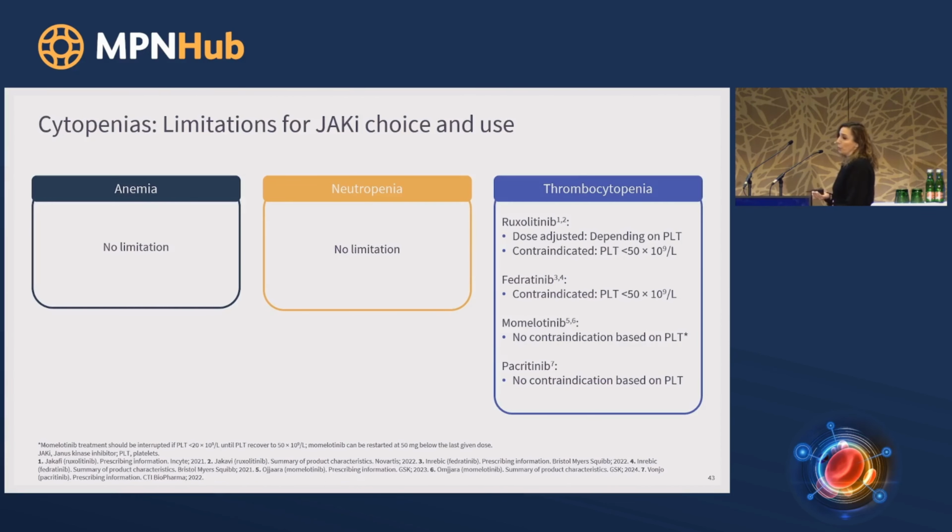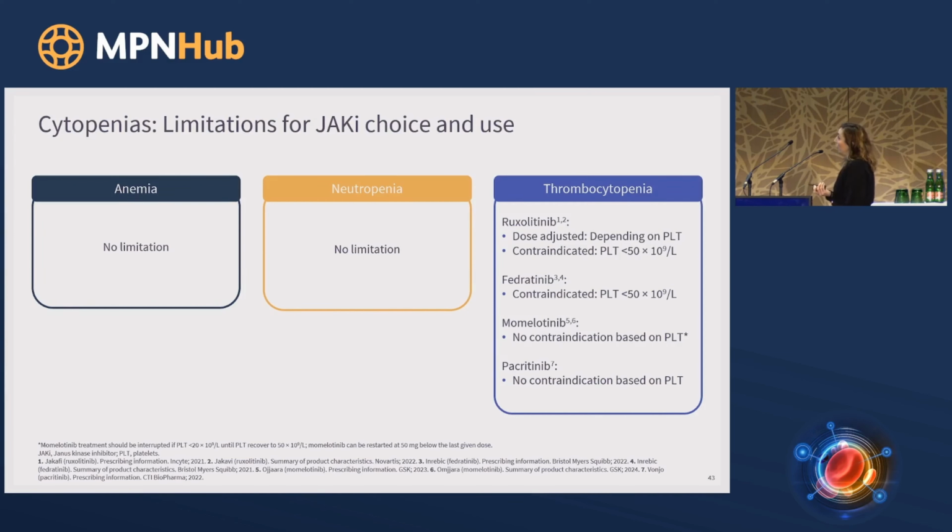In fact, if we consider the approved JAK inhibitors, we know that ruxolitinib and fedratinib are contraindicated in patients with a platelet count below 15,000, and for ruxolitinib the dosage needs to be adjusted according to platelet count and decreased in those patients with a platelet count below 100,000.